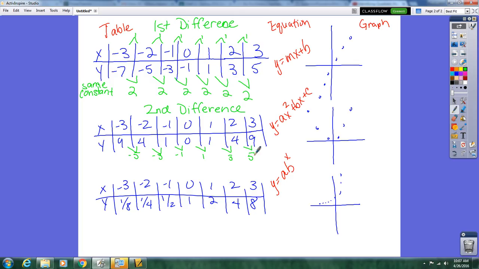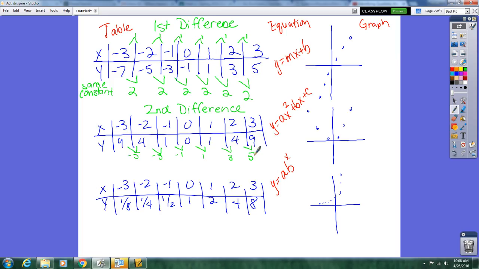Y'all check my subtraction here. So I've got -5, -3, -1, 1, 3, 5. Now think about this. These numbers, what's happening to them? They're starting low and getting higher, and they're also symmetrical, aren't they?